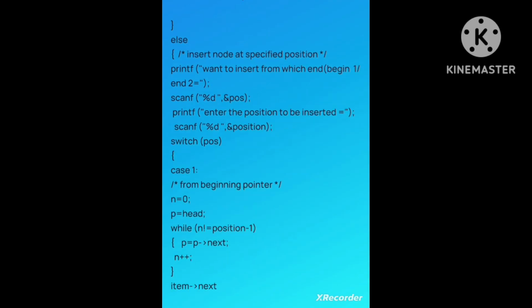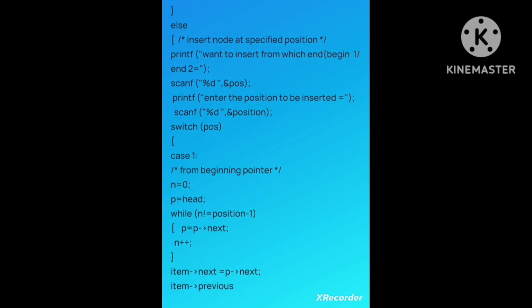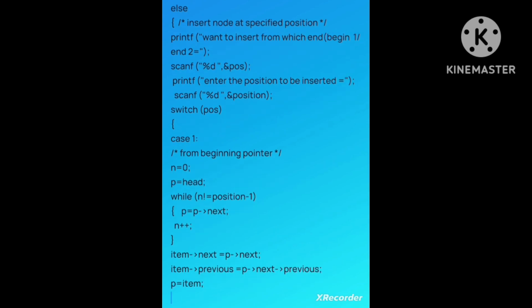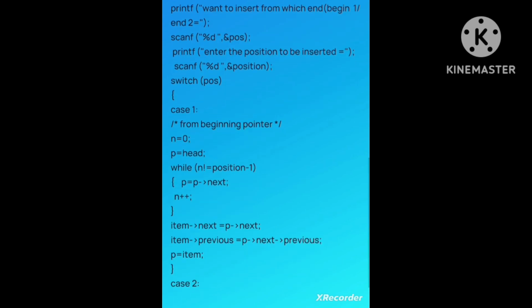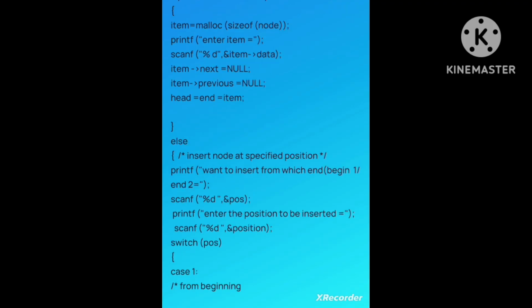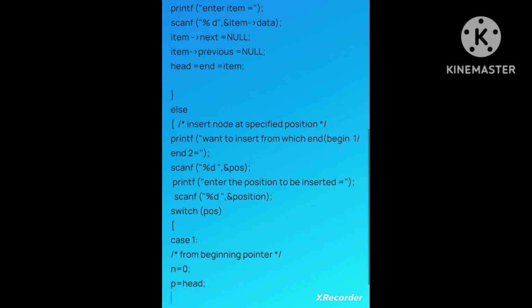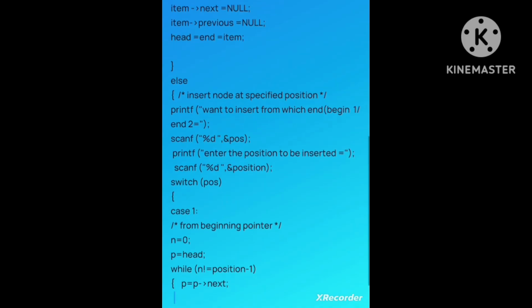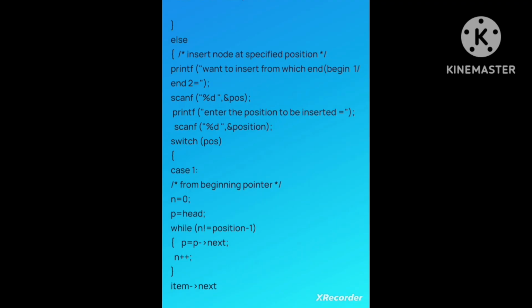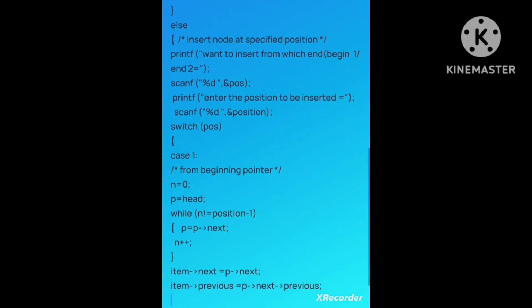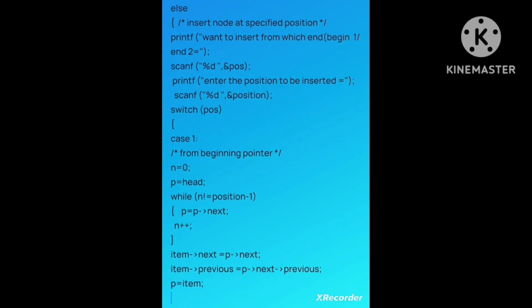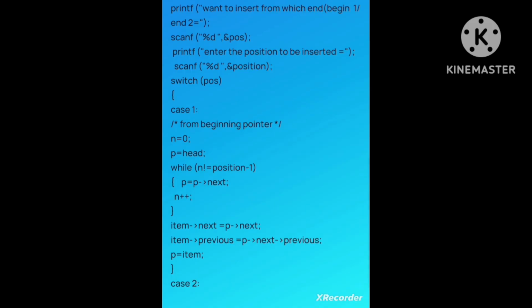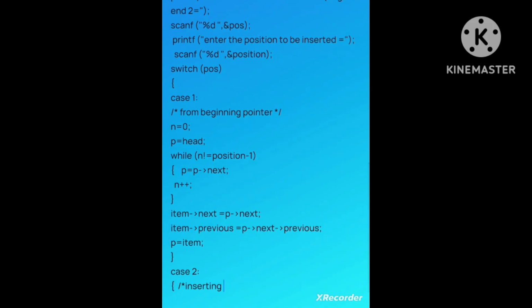For that we will traverse our list to one position ahead of the node to be inserted. Then connect the item's next to p's next and the item's previous to p's next's previous, so that p will become the item node. In this way the node is inserted from the forward direction, and the same procedure applies for the backward direction.